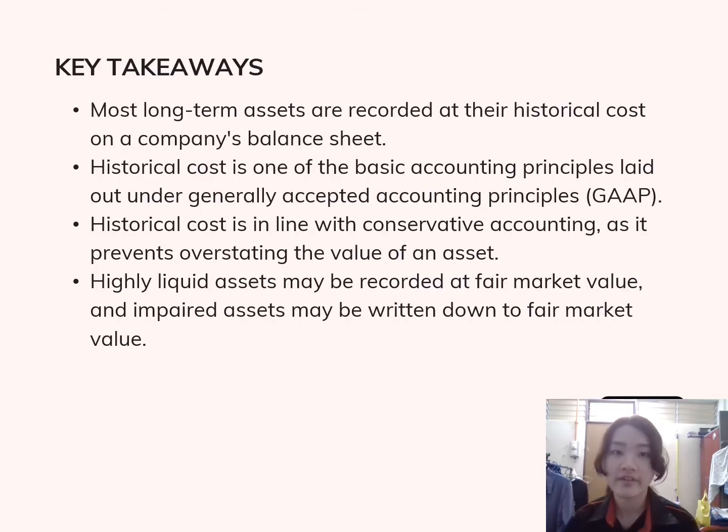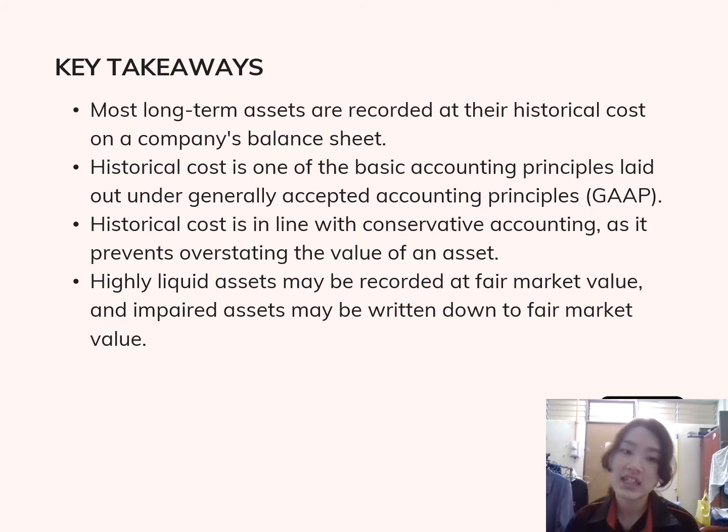The key takeaway for historical cost is that most long-term assets are recorded at their historical cost on a company balance sheet. Historical cost is one of the basic accounting principles laid out under generally accepted accounting principles.